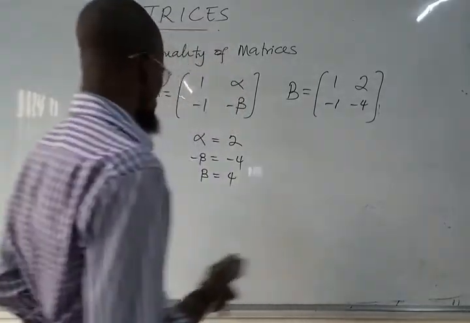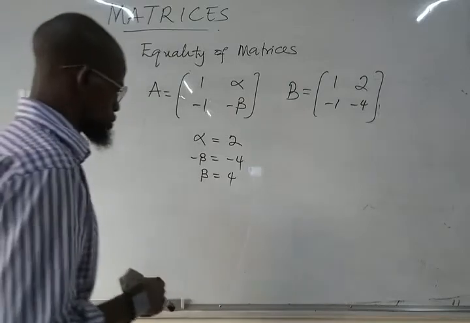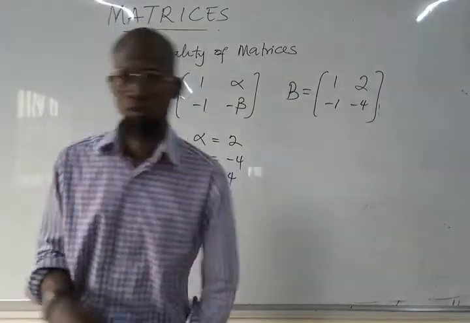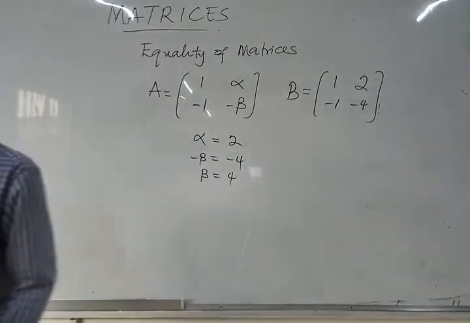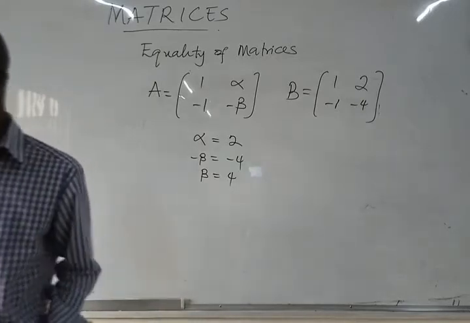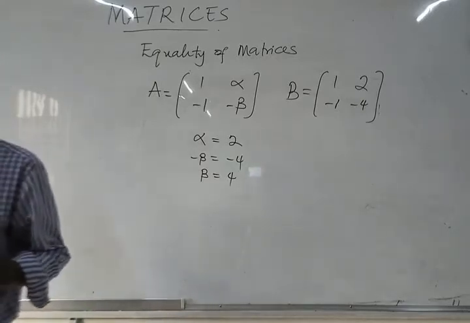So we can conclude that alpha is equal to 2 and beta is equal to 4 because the two matrices are equal.